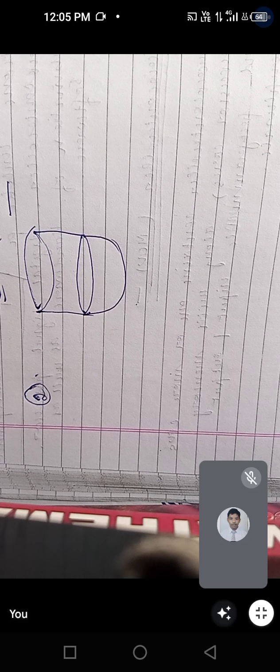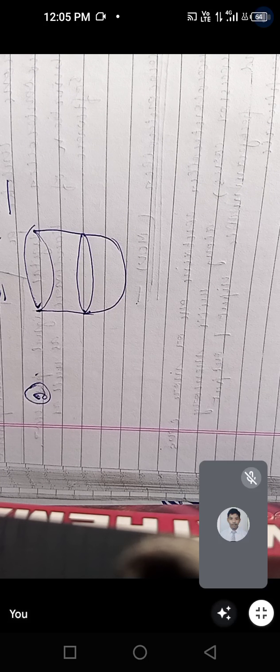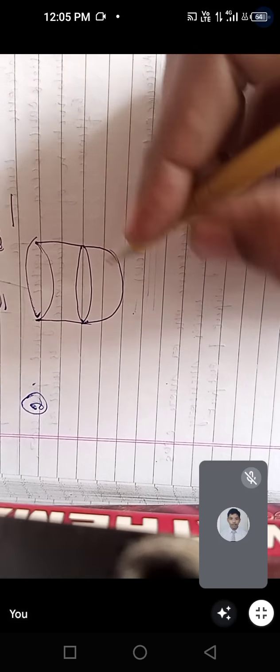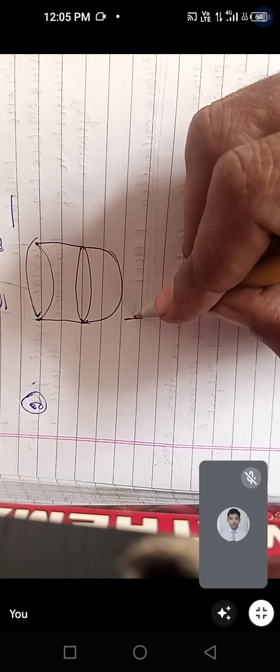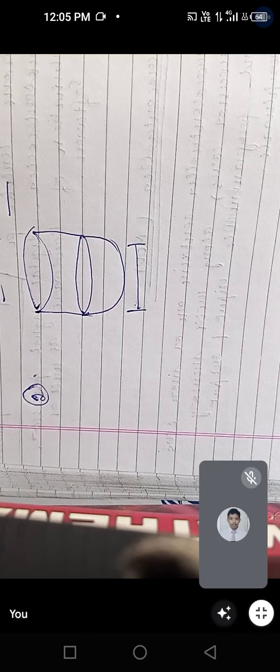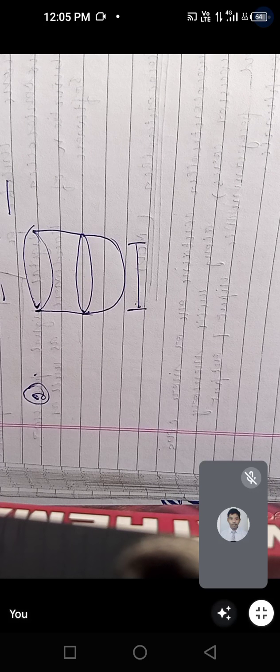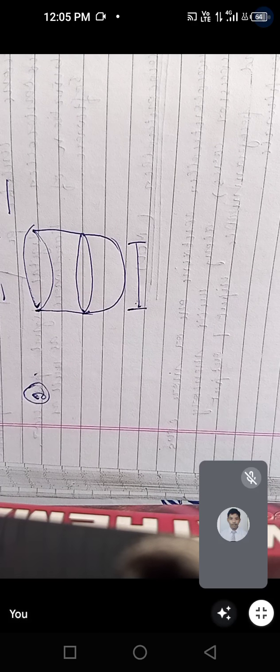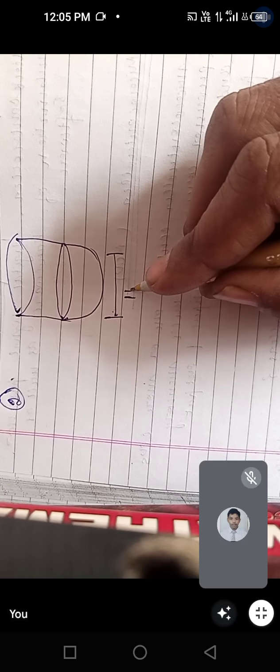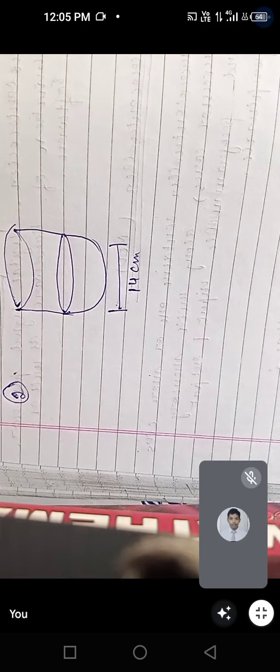Now the question says the diameter of the hemisphere is 14 and the total height of the vessel is 13. The diameter of the hemisphere, this means from here to here, is given as 14 centimeters.